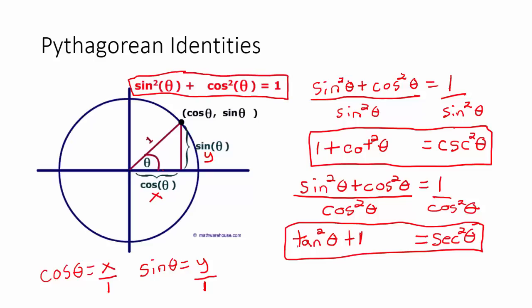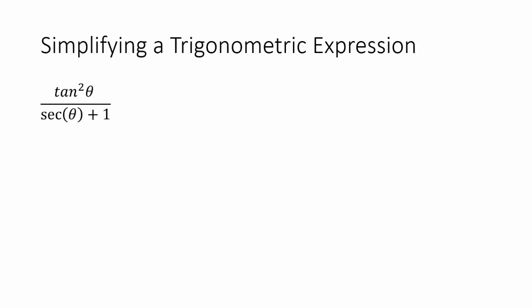We're going to use these three Pythagorean identities to simplify trigonometric expressions just by using substitution and doing some algebra. So here we have a trigonometric expression, tan squared theta over the secant of theta plus 1. And we want to simplify this. I'm going to be thinking about some of the identities that I just proved.